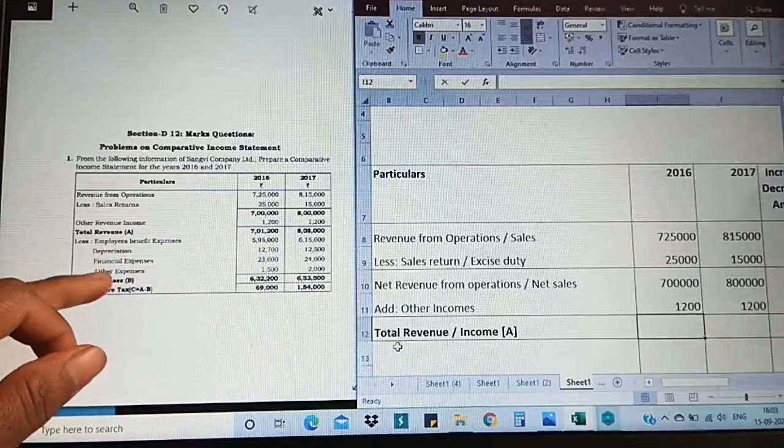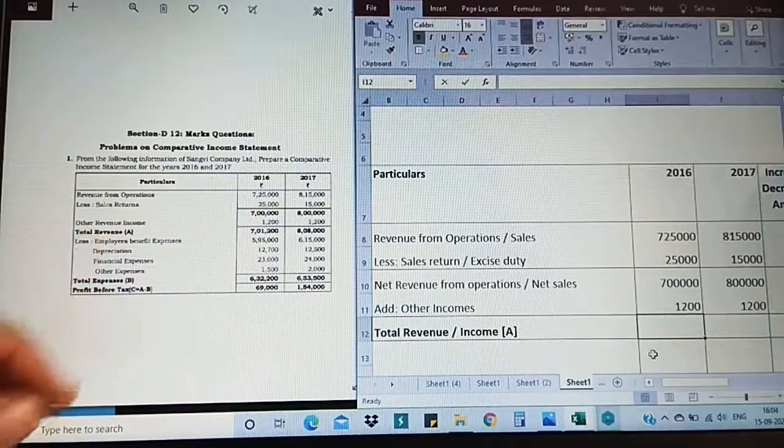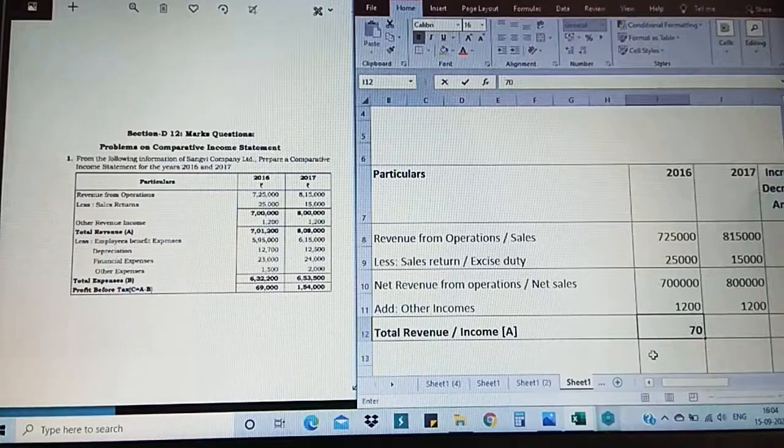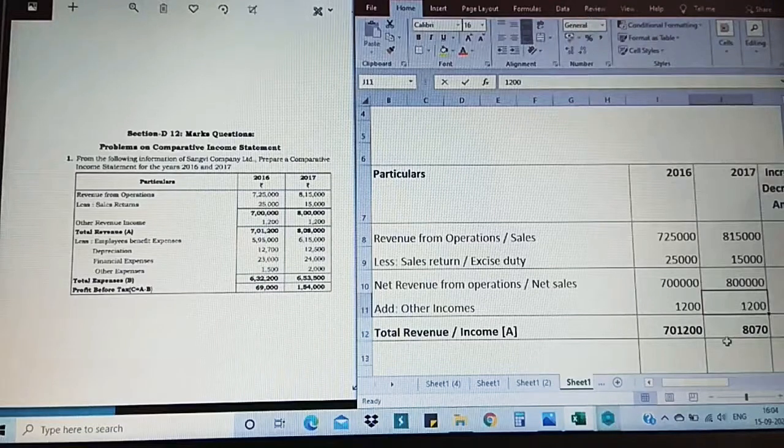Next, total revenue. We are supposed to add this. So it's 7 lakh, 1200 and 8 lakh. There's a small change in this question: the other incomes for 2017 is 8,000.